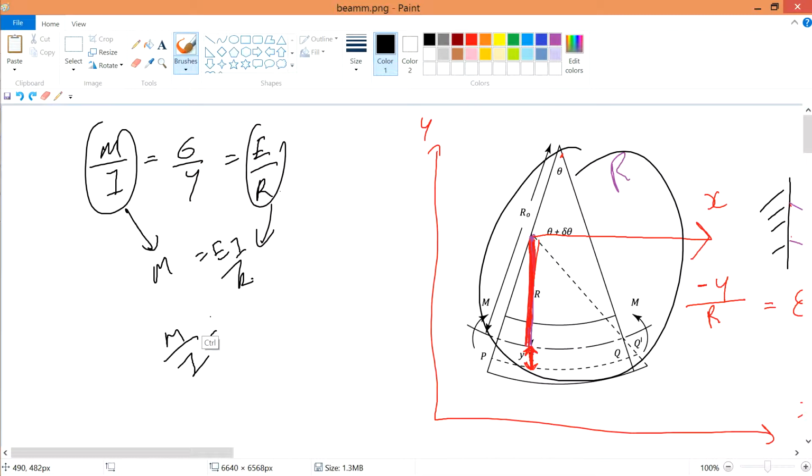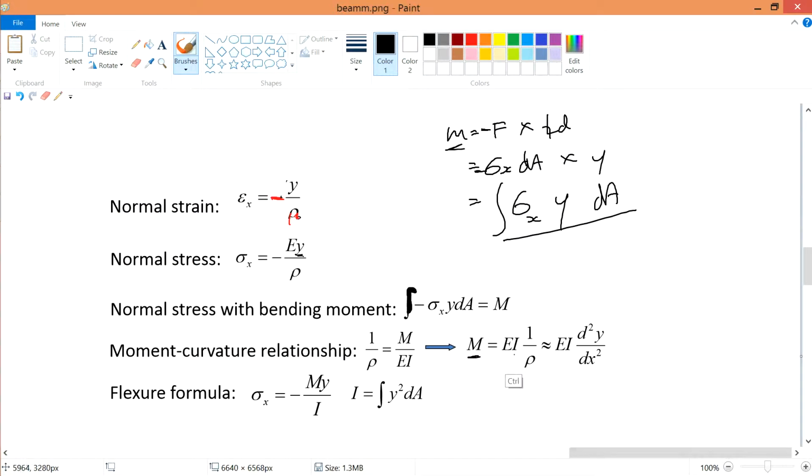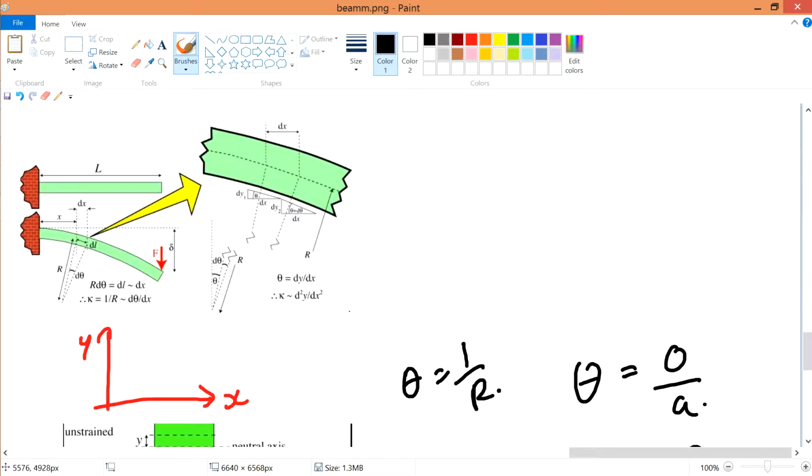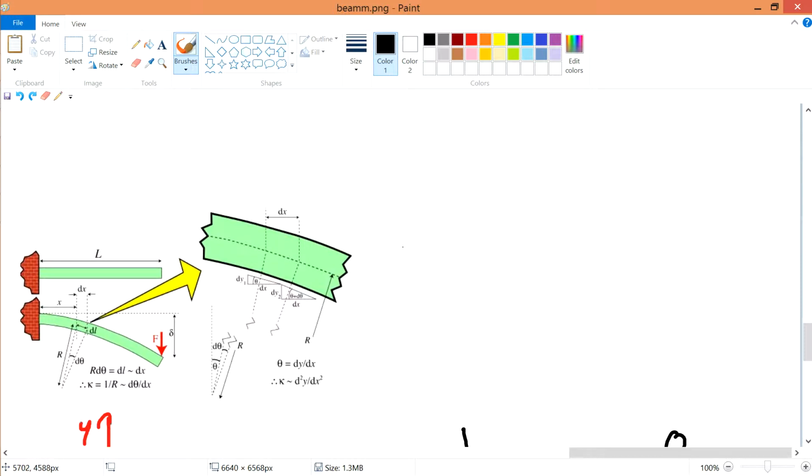I think you're just rearranging stuff. And this is just what it's talking about. So it's just M equals EI over R. So your moment in relation to the curvature, this is 1 over R. Your curvature means that your theta, your degree of angle, if you remember, theta is equal to 1 over R. It's just the arc length itself.